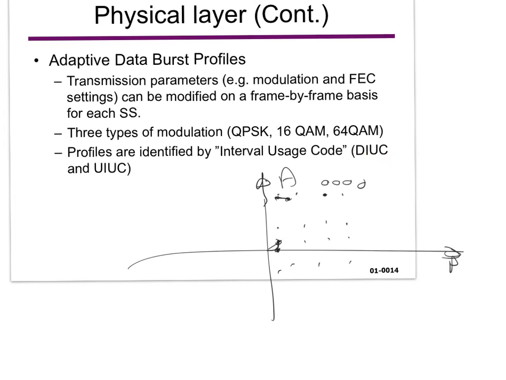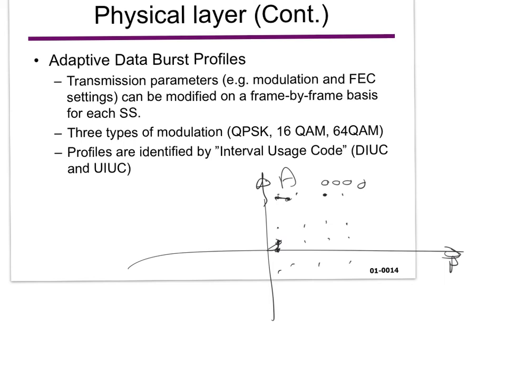So of course, what type of modulation and what type of FEC is used in every single frame is defined by what we call the interval usage code. The code will inform the receiver what is the modulation level and what is the FEC size used for a particular frame.